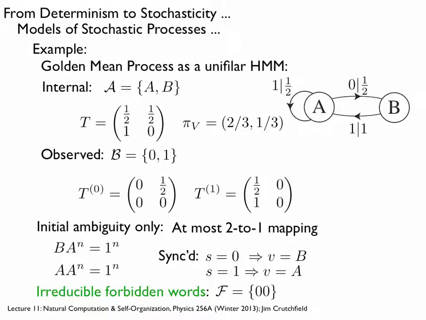If I see a 0, I know immediately that the process is in state B. And if I see a 1, I know it's in state A. So we say that the observer is synchronized. Imagine you have some big multi-state process. You're observing this very impoverished 0-1 string, and you want to know how much observed information I need to determine uniquely what the internal state is. This case is very simple. In one step, I know exactly what the internal state is.